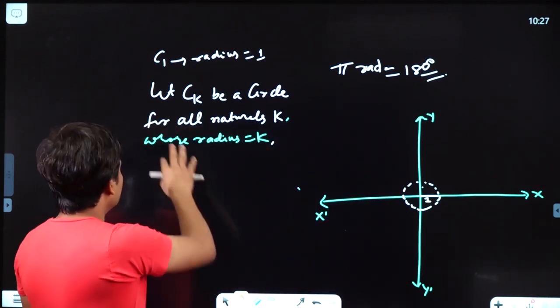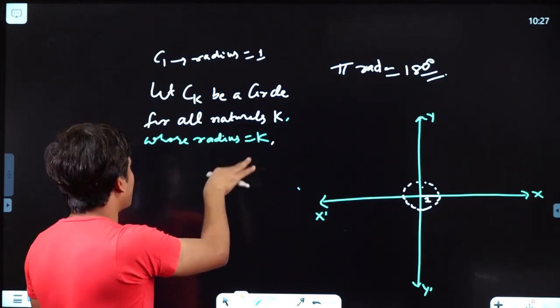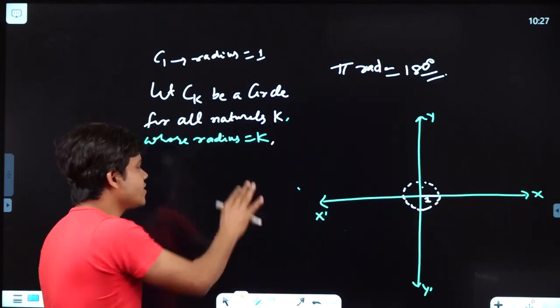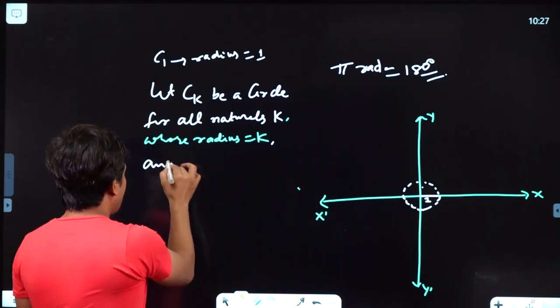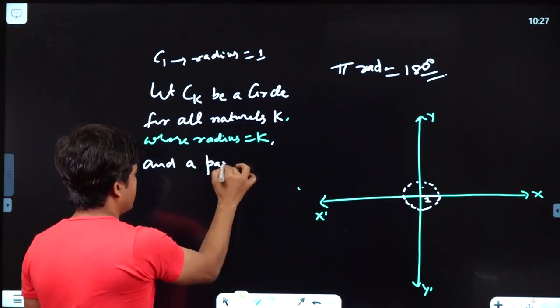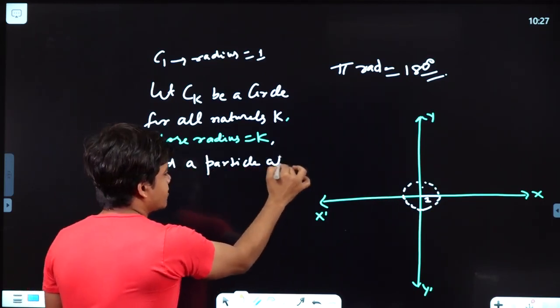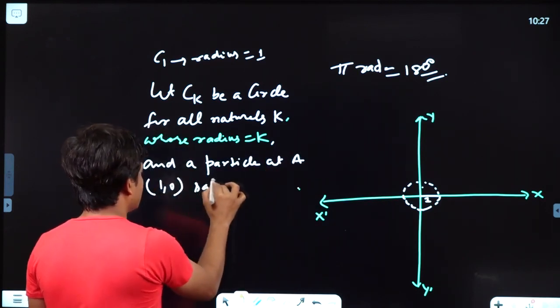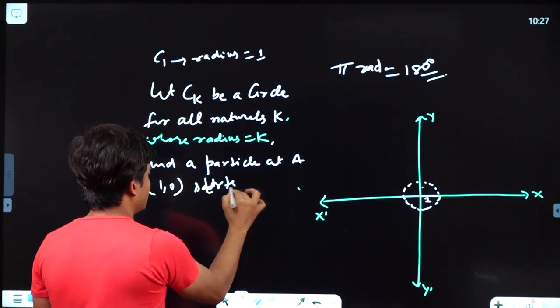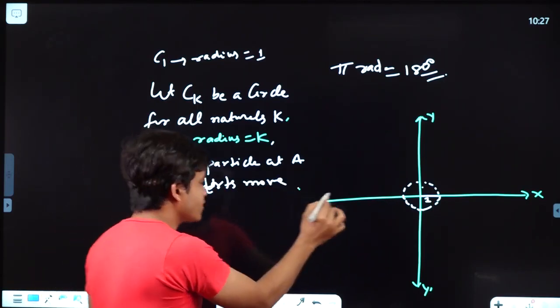Now we will draw some more circles, don't worry, but let me write something over here. C_K is a circle for all naturals K whose radius is K, and a particle at (1, 0) starts to move on this circle.